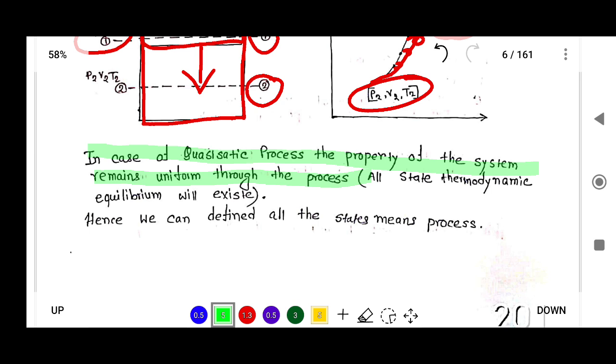All thermodynamic equilibrium will exist. So thermodynamic equilibrium means that is thermal equilibrium, mechanical equilibrium, chemical equilibrium. Hence, we can define all the states of the process.